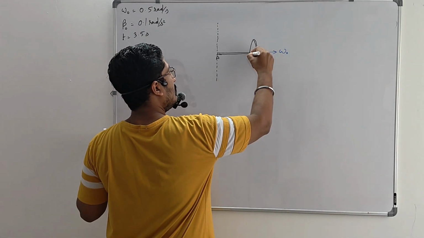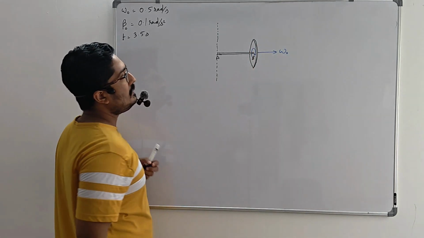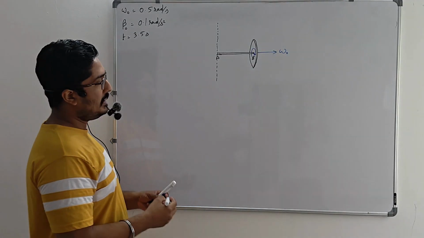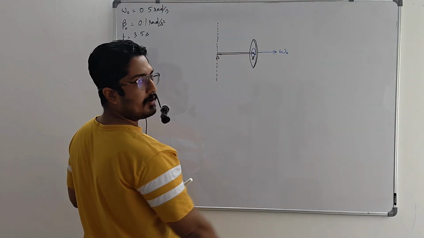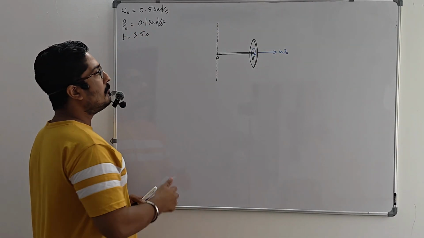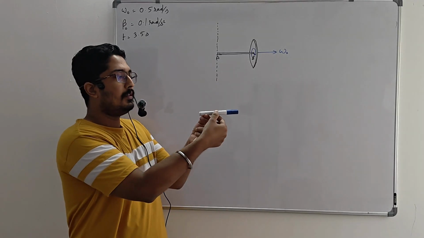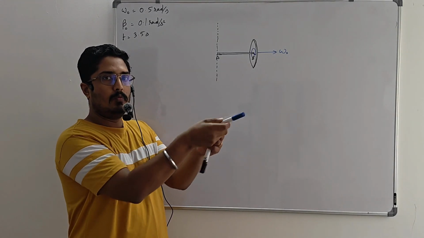I'm finding that it should rotate in this way. So my disk is actually rotating in this way, and because of this rotation I'm having an omega naught in that direction. Plus it is accelerating, and let us say this is the axis AB, I want the AB to be rotating like this. I want it to move in this way.